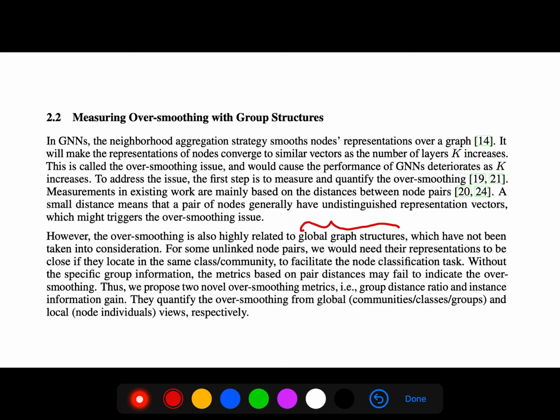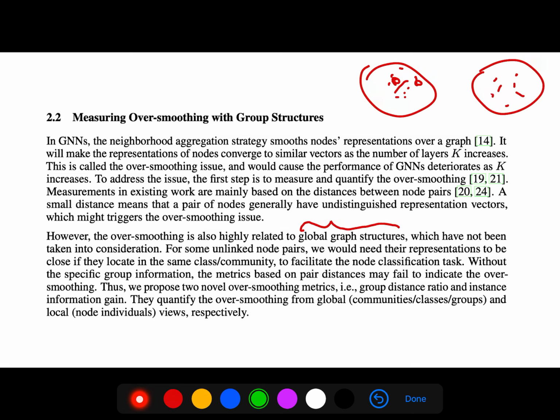For some unlinked node pairs, we would need their representations to be close if they are located in the same community. For example, in community detection, these two nodes that belong to the same community, we want to have similar representations. Similarly for others.